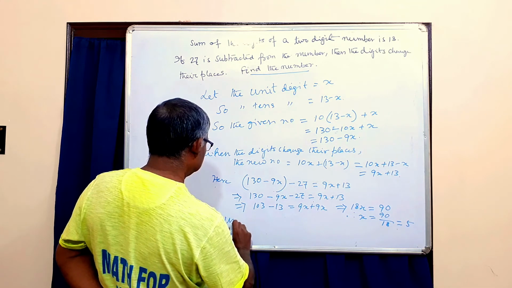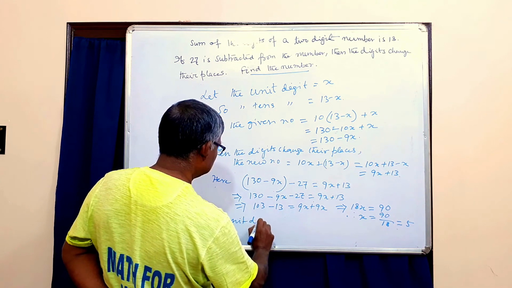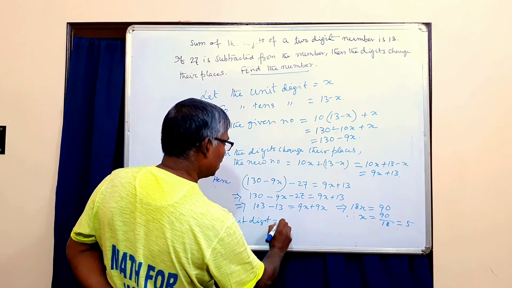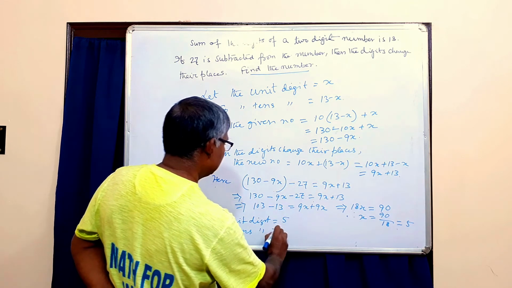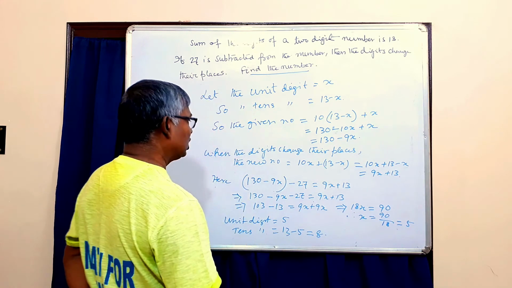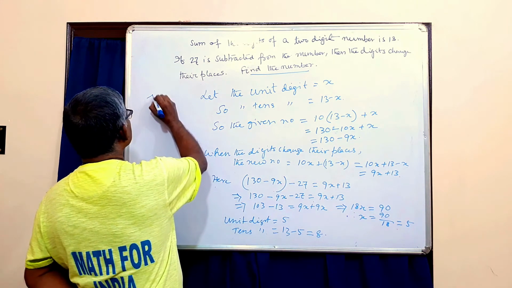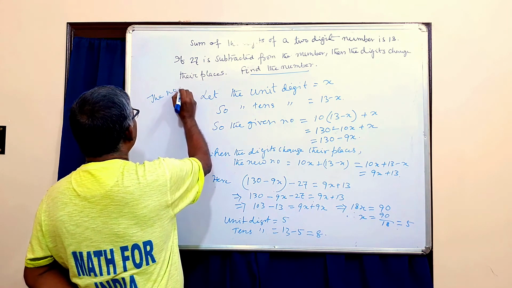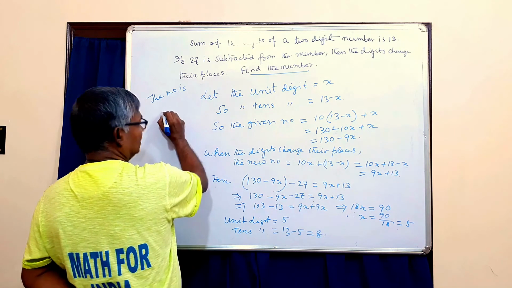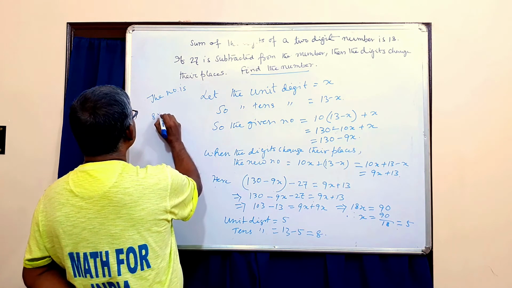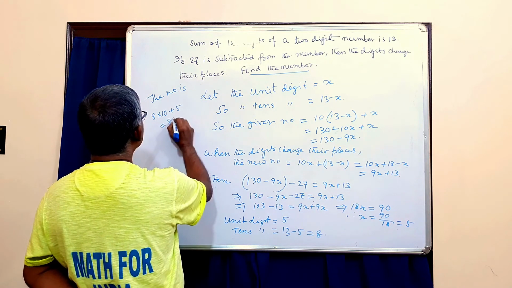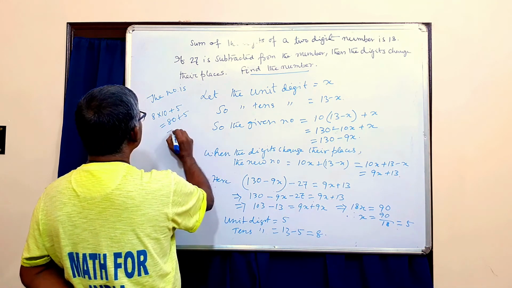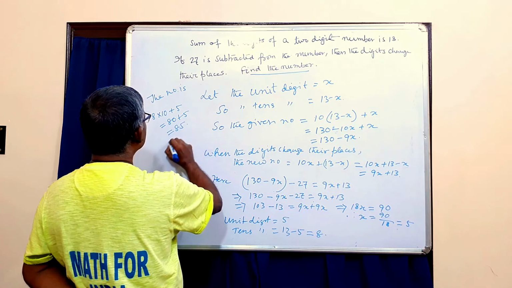Unit digit is equal to 5 and tens digit is 8, therefore the number is 8 into 10 plus 5 equals 80 plus 5 equals 85.